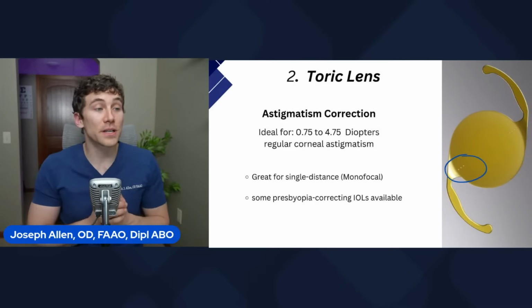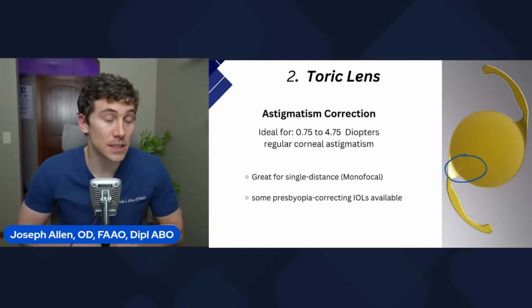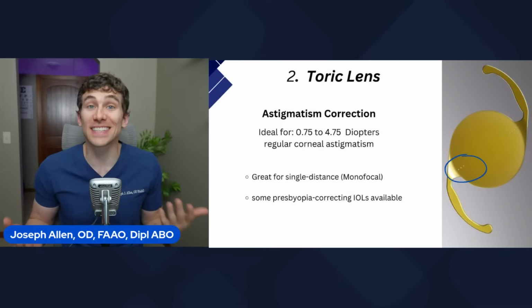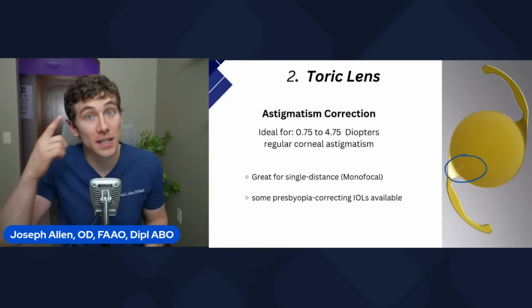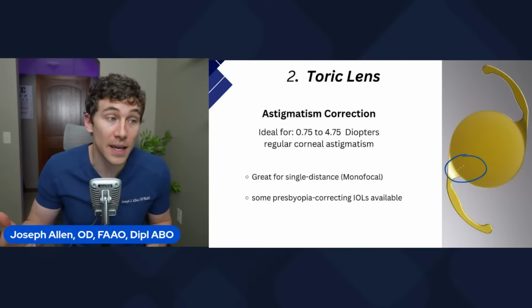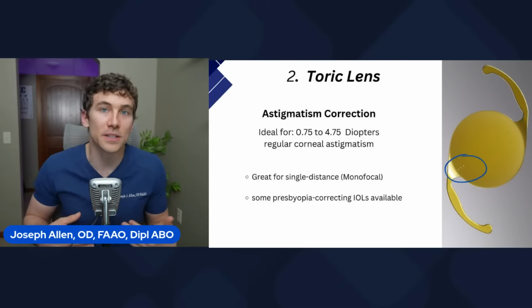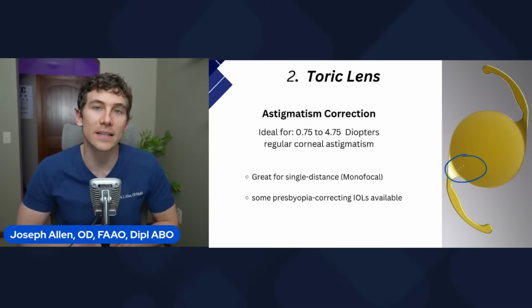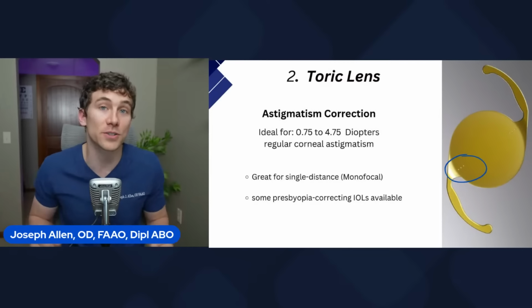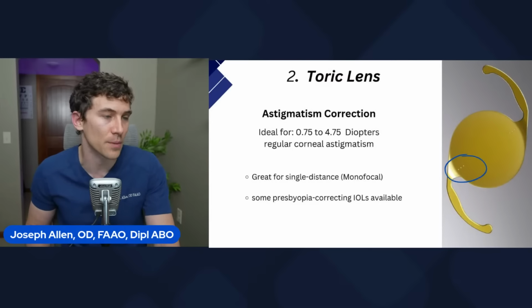The next option is toric lenses. For anybody who's heard of astigmatism before, if you've been told that you have a significant amount of astigmatism in your eye, and we've done other videos on astigmatism and even a more recent deep dive into astigmatism, we'll put links to those videos in the description below. Or if you're catching us live in the chat, we'll see if we can link up some of those.